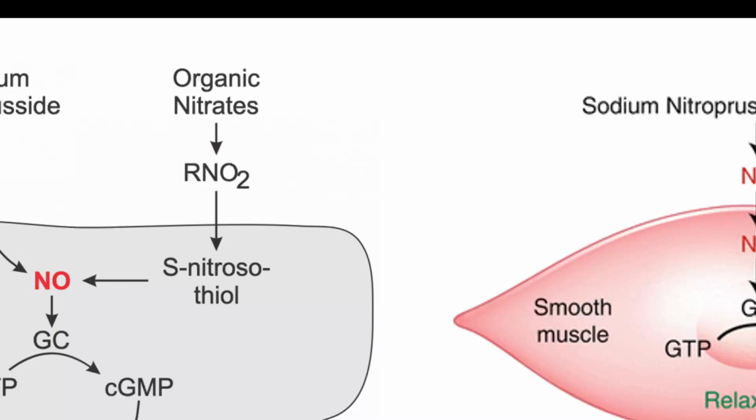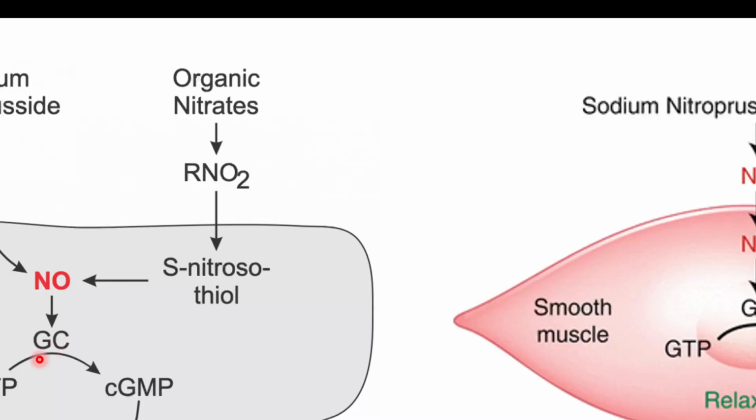So this is a smooth muscle cell on the left and the right as well, showing how relaxation in the smooth muscle cell can be induced via nitric oxide. Compounds like sodium nitroprusside or nitroglycerin or organic nitrates can all act as a source for this gas, a compound called nitric oxide. Nitric oxide can then go inside the smooth muscle cells and activate GC.